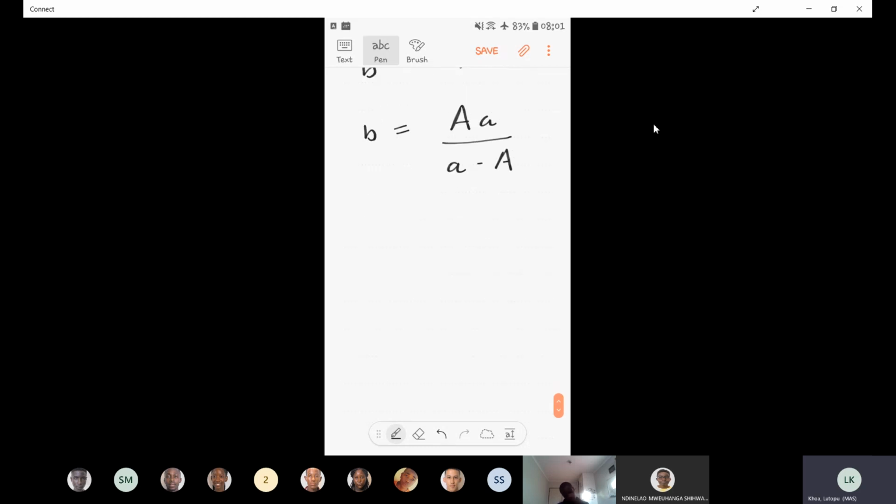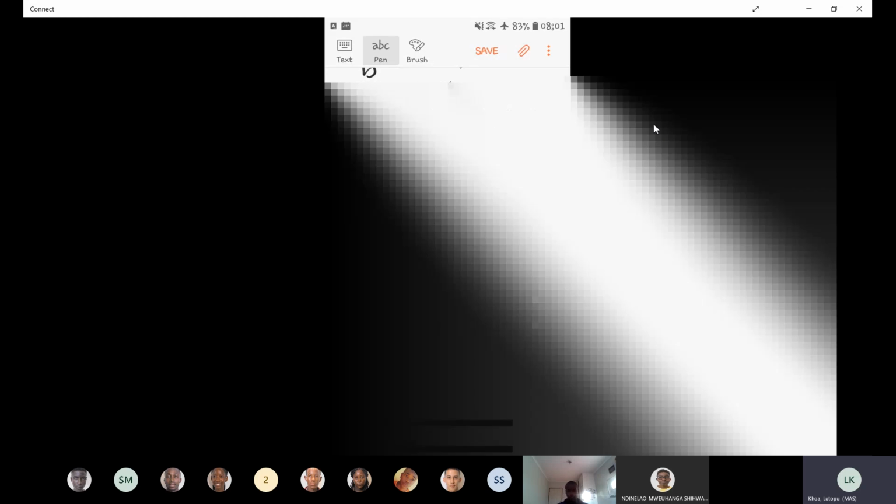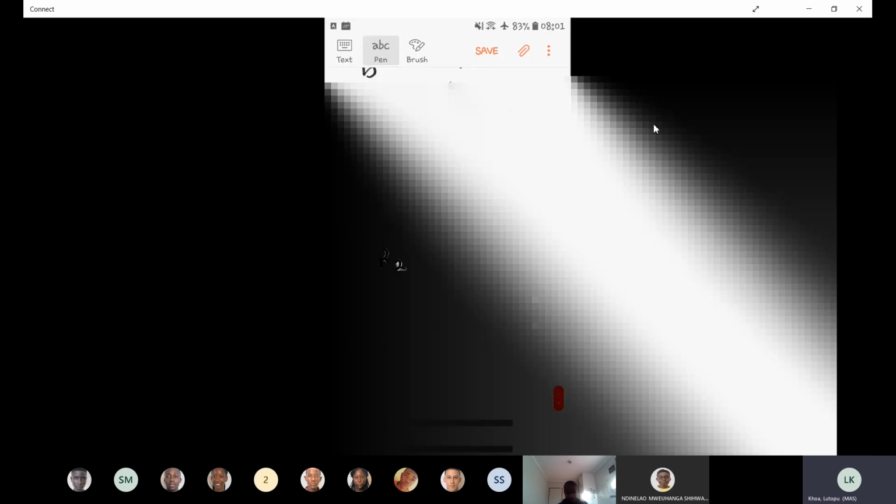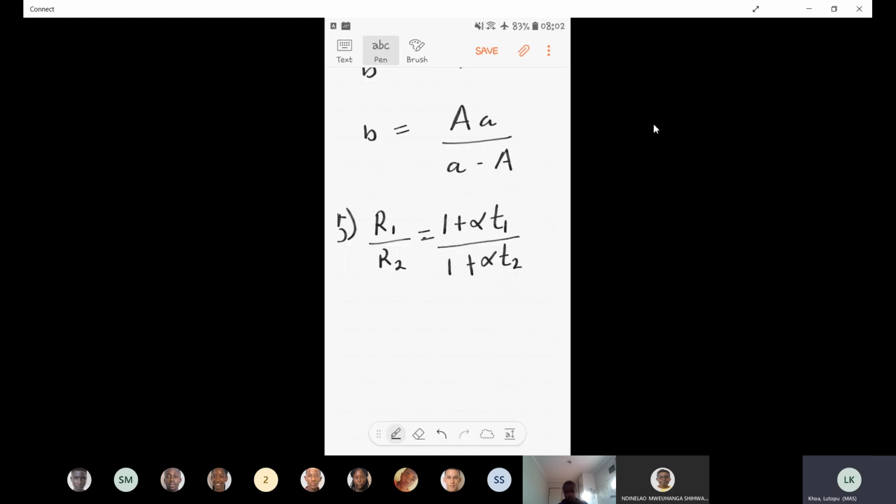Number 5. We have R1 over R2 is equal to 1 plus alpha T1 over 1 plus alpha T2.